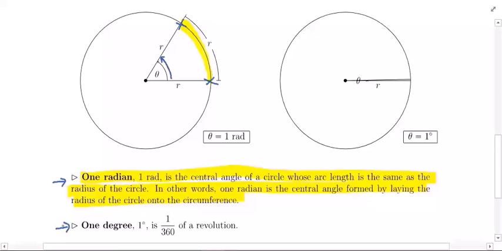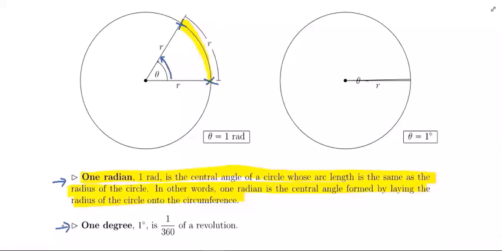1 degree is much smaller than 1 radian. 1 degree, which is notated with the degree symbol, is just 1/360th of a revolution. So commit this picture to your brain: how does 1 degree compare to 1 radian?